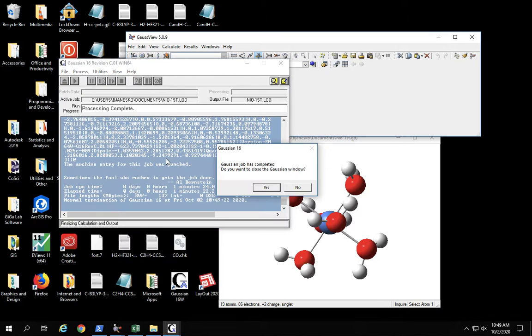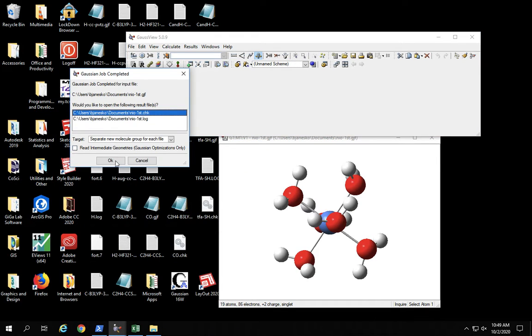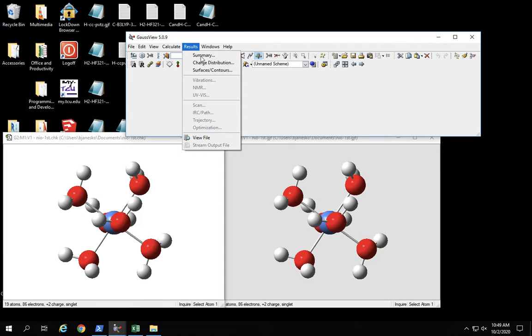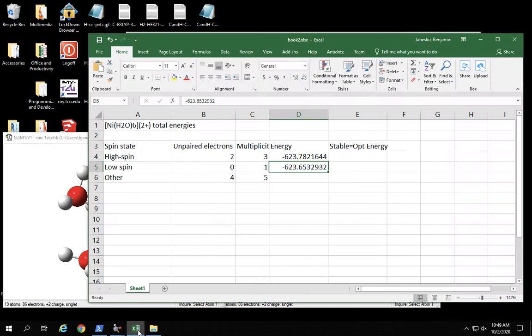Let's check that it's stable again. Open my checkpoint file again. Look at my summary. A substantially lower energy.